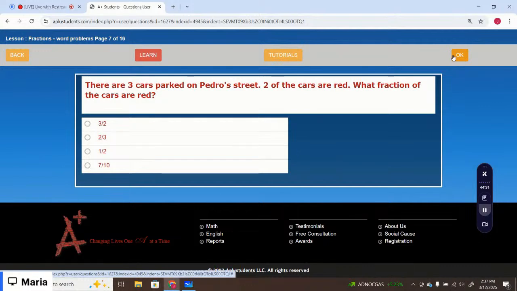Very good. There are three cars parked on Patrol Street. Two of the cars are red. What fraction of the cars are red?